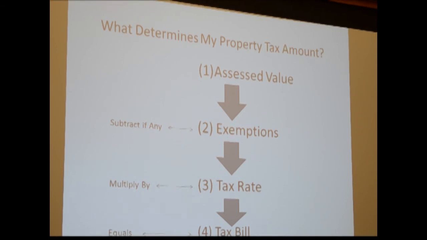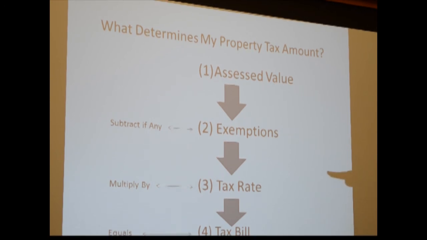Most of you, probably 100% of you, should have a homeowner's exemption, if nothing else. Some of you, because of your age, would have a senior's exemption. Because of an income base, you might get a senior freeze. There are other exemptions we'll talk about later. But okay, so you have an assessed value, a starting number, minus any exemptions that you qualify for.